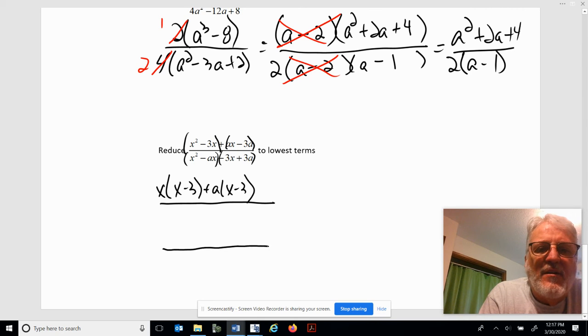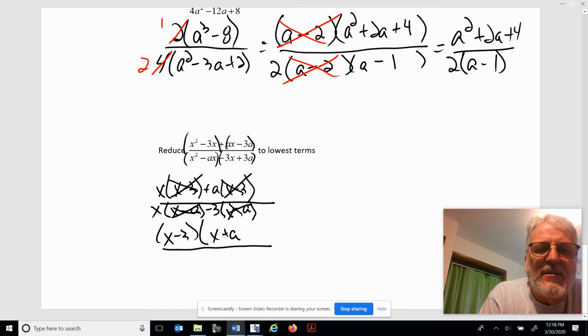And down here, I'm going to factor out that x minus 3. Still on the top, that leaves me with x plus a. And on bottom, I'm going to factor out an x, that gives me x minus a. I'm going to factor out a negative 3, and that gives me an x minus a.